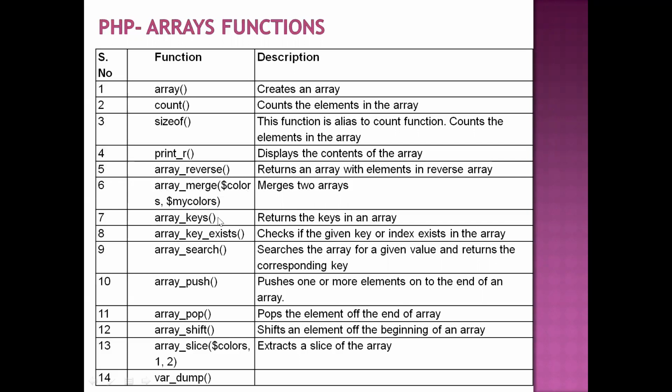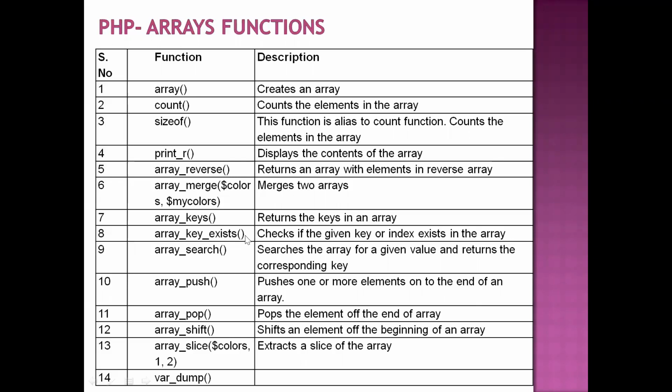Now array_keys. This function is used for associative arrays. It is used for returning the keys of the associative array. Okay, now array_key_exists.